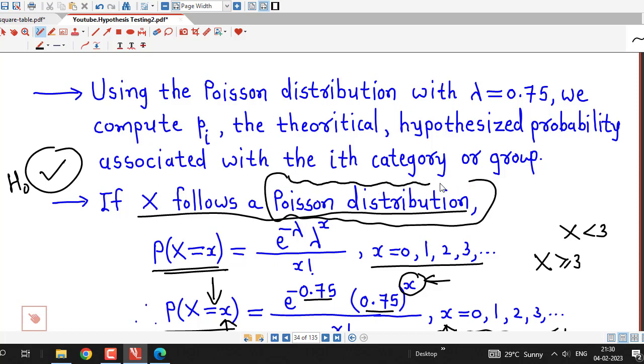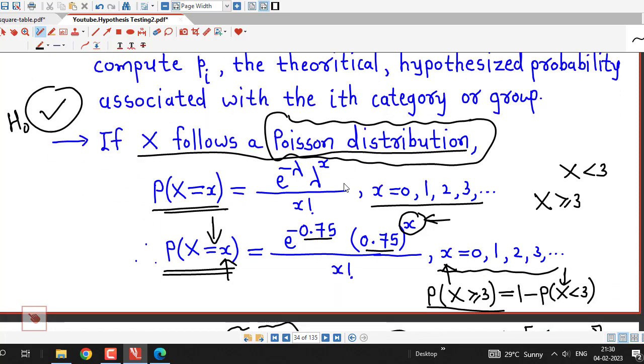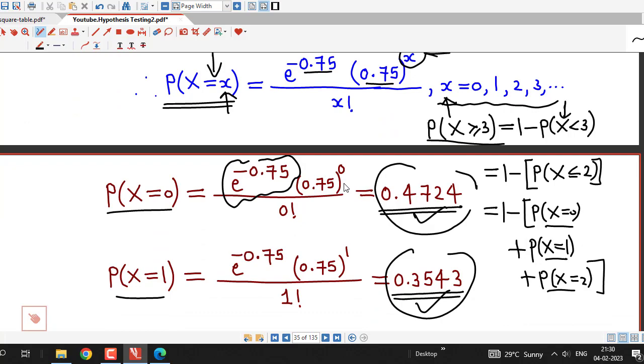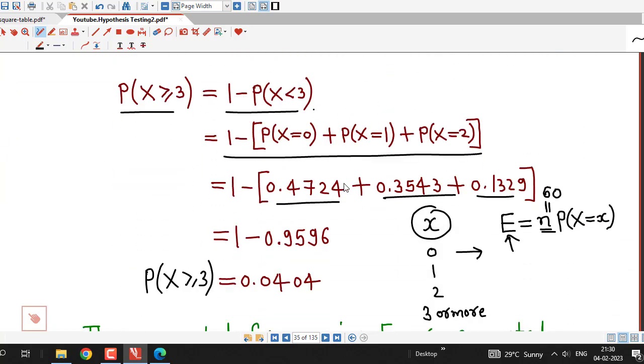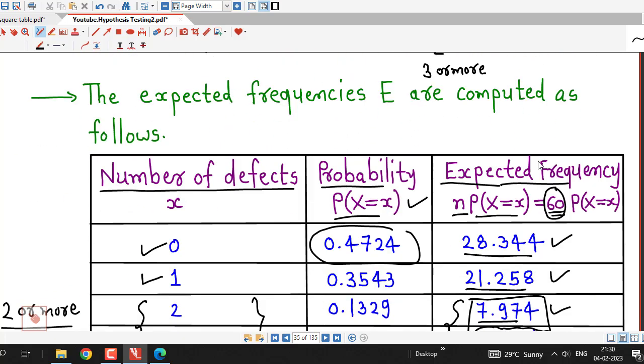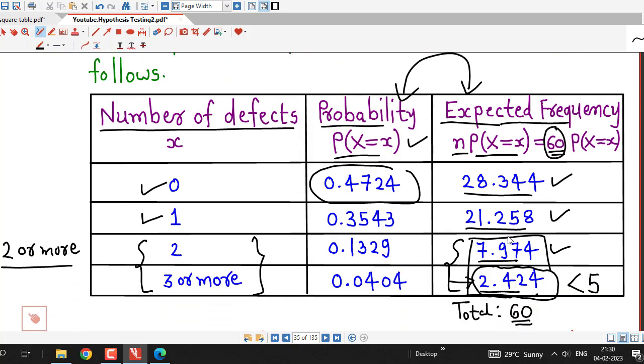We will assume that our population follows a particular probability distribution, so you must be familiar with the probability mass function of that distribution. Mainly we are going to consider binomial and Poisson distributions. After calculating probabilities for each category, we multiply each of those probabilities by the sample size, and we obtain the expected frequencies.